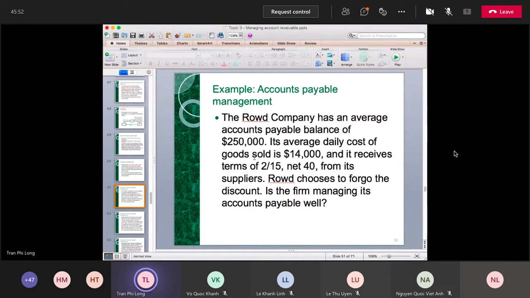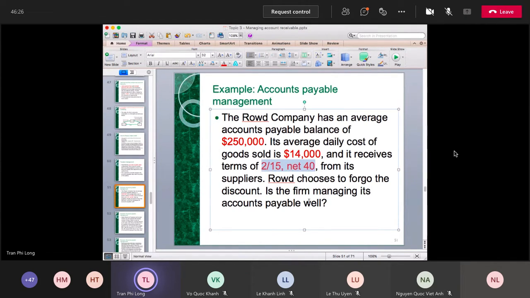Okay, let's do this example and then you will understand. This company has an average accounts payable balance of this amount. Its average daily cost of goods sold is 14,000. The policy of the trade credit is 2/15 net 40.